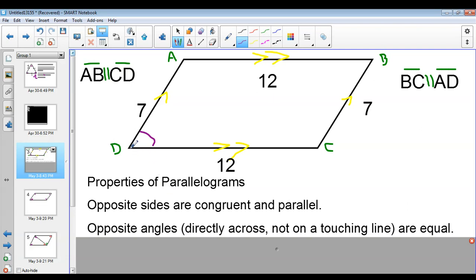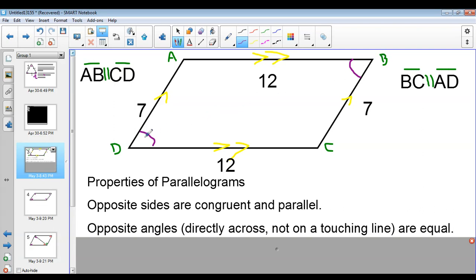So that's going to be angle B here. Angle B is not on a line that touches D. Angle C over here is on this line right here that leads to angle D. And A is on this line right here that again goes to angle D. So those are not opposite angles. Opposite means directly across the shape.